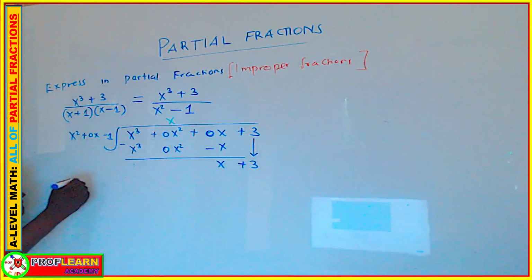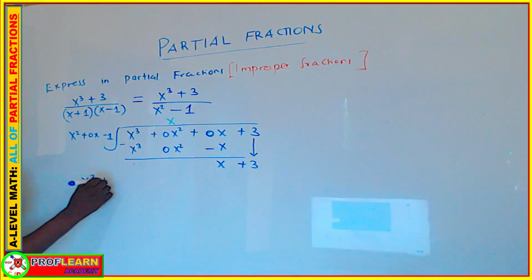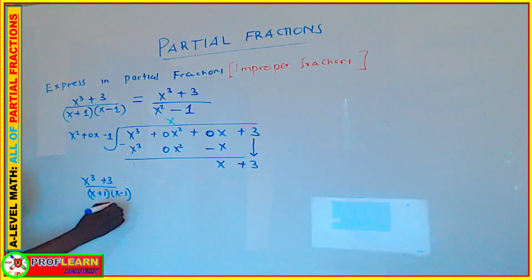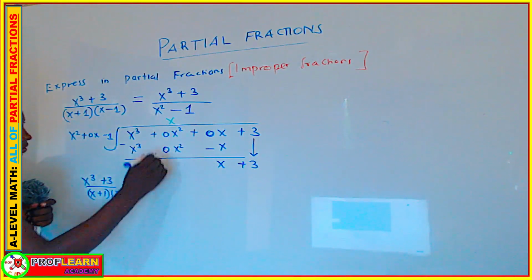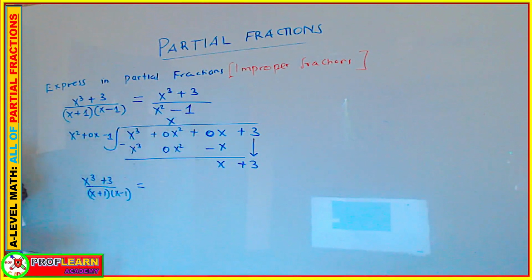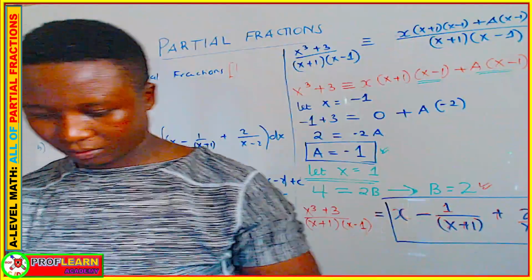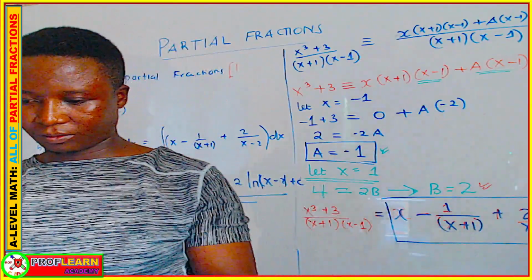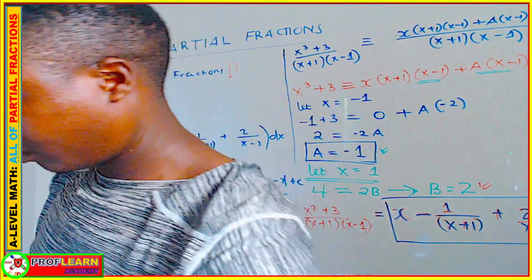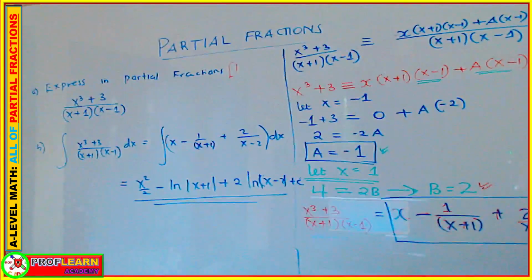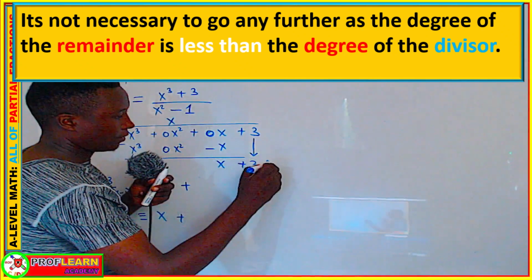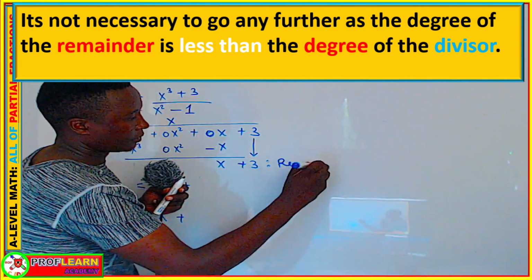So meaning that our expression (x plus 3) over (x plus 1)(x minus 1) can be written as this quotient. At this particular point, you can see here we have a remainder.